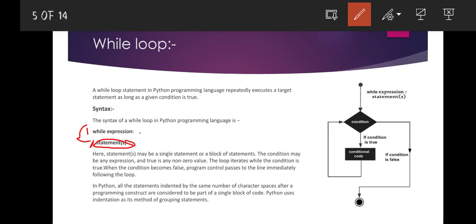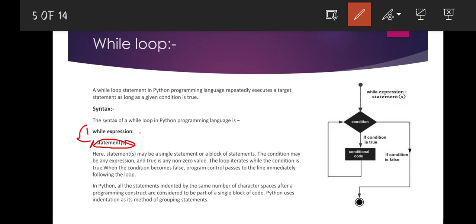In the Python programming language, indentation is very compulsory, because if you don't give proper indentation, you will get an indentation error. In other languages, like C and Java, we use curly braces to indicate the starting and ending of the loop. But here, instead of curly braces, we use indentation.